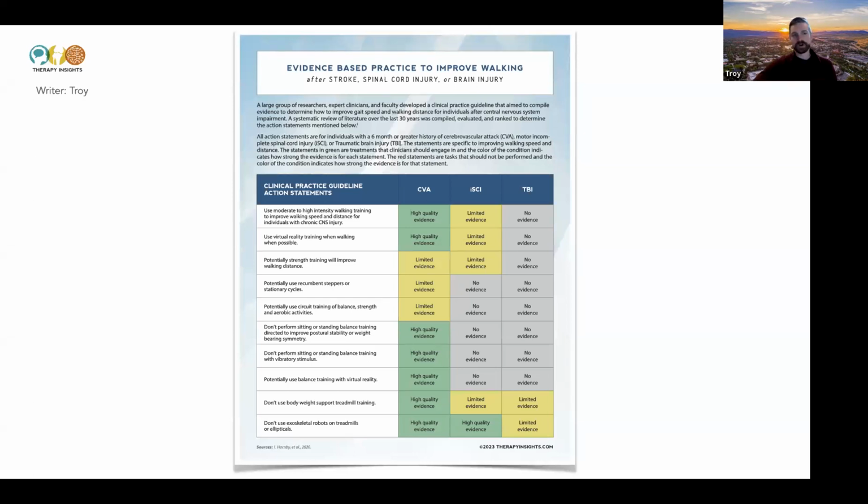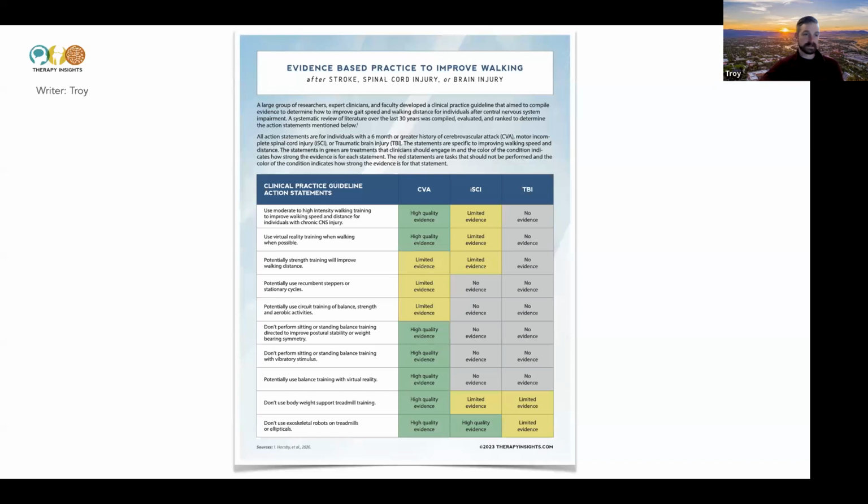It's a chart that outlines the specifics of the clinical practice guideline that came out in 2020 regarding walking for individuals with neurologic disorder. I think there's 10 action statements that the CPG put out that said either do this or don't do this.